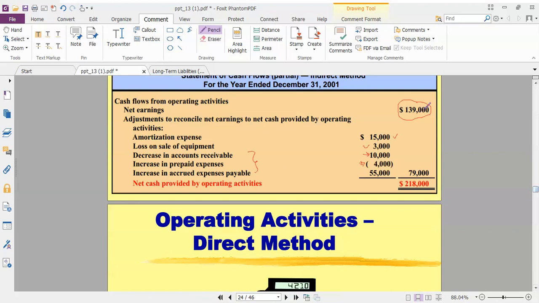So then 139,000, add on 15,000, then 3,000, add on 10,000, and then minus 4,000, and then add on 55,000, so you get 79,000.